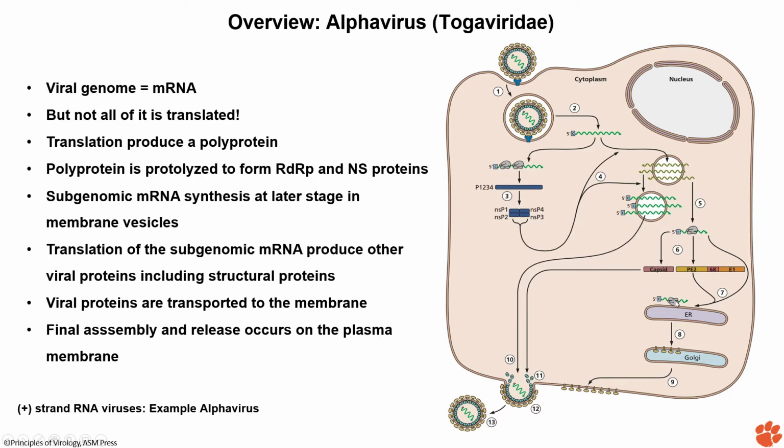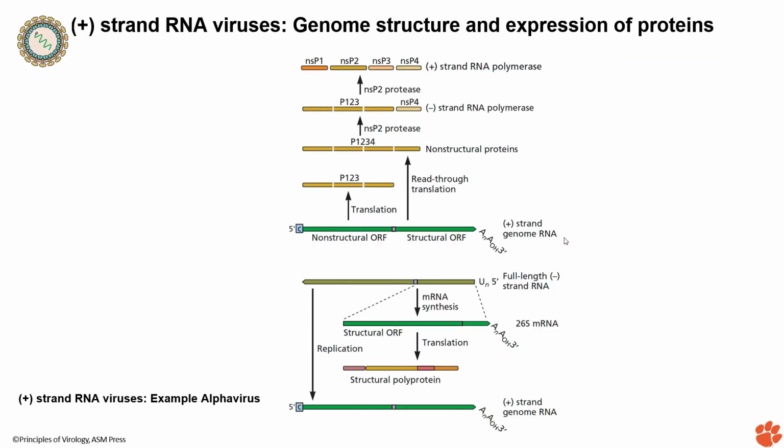The capsid and the other proteins are associated with the ER. These are membrane-bound proteins, and they assemble and the virus exits. But this central part is more important, that there are two types. This is the overview. You can see that this is the genome. The 5' end is the non-structural ORF, and these are the proteins formed, the non-structural proteins, including the RNA polymerases.